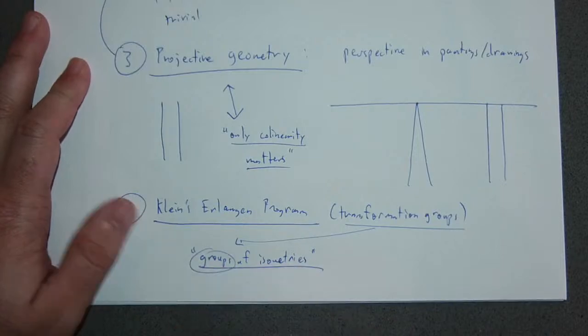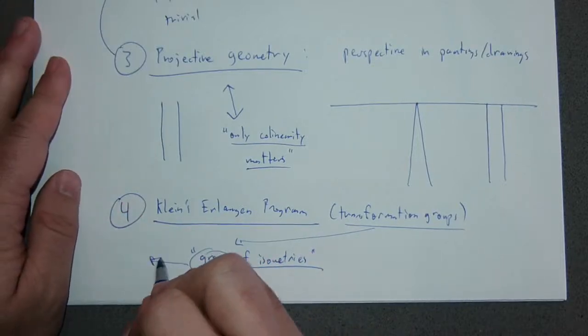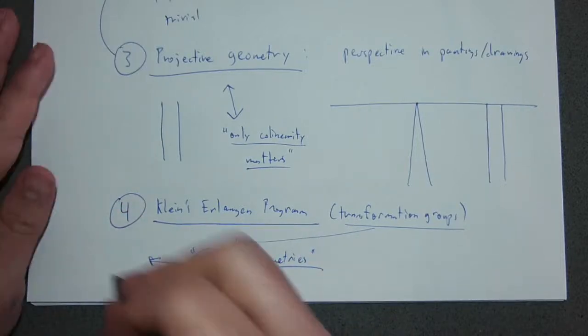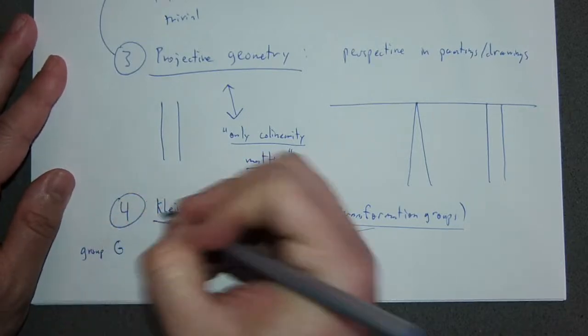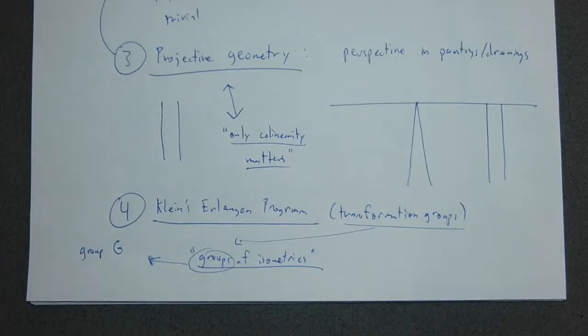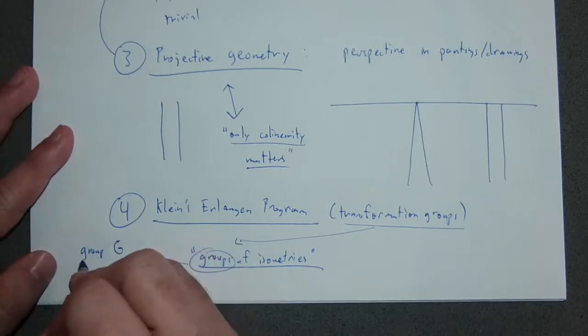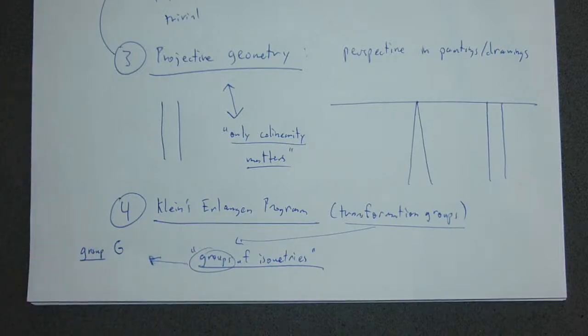So group, that is the mathematical notion of group coming from abstract algebra. So if you haven't seen a treatment of groups before, don't worry, we'll go over what you need to know for this. So I have a group G in the mathematical sense. So this is a set G equipped with a binary operation we'll call star that satisfies a few properties.